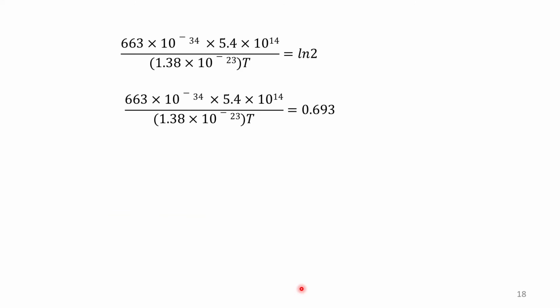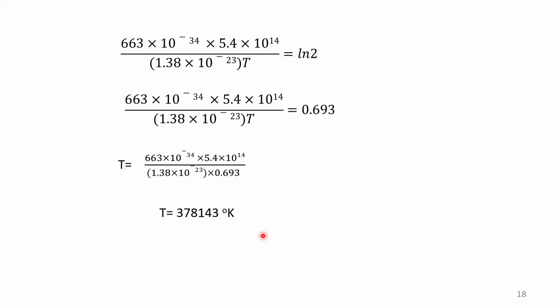Now by substituting the values of h, nu and k, we get T equal to 3,78,143 degrees Kelvin.